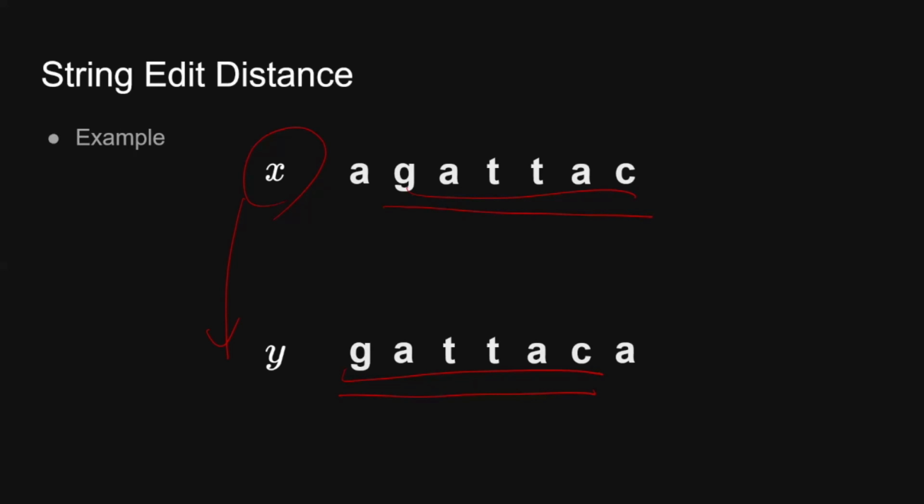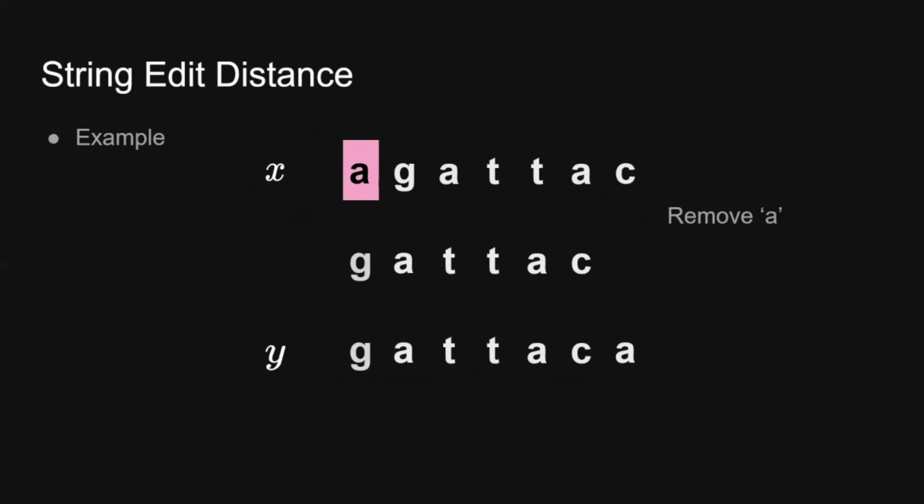All right, have you guys figured it out? Let's see. In order to convert X into Y, the first thing I want to do is probably get rid of the A over here at the beginning, and then make it GATTAC. Now the second modification is to add A at the end, right?